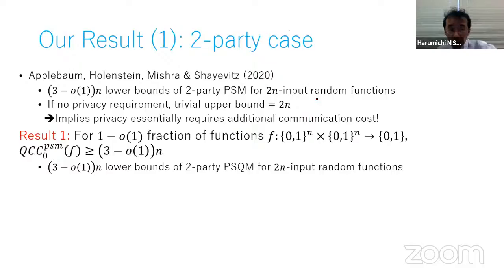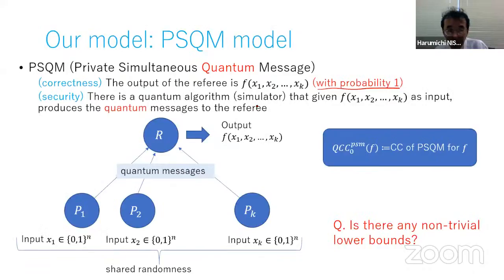Our first result is that the Applebaum et al. result can be extended to the quantum case. But in our result, unfortunately, the shared resource is randomness, not entanglement. So if the parties share entanglement, we don't know any lower bound.